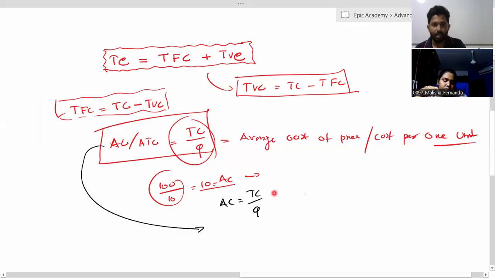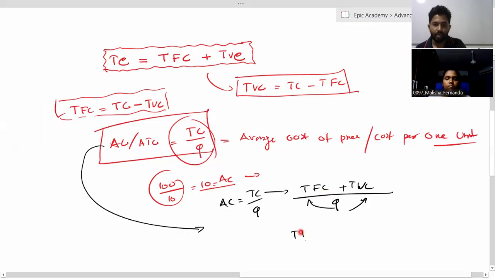So TC can be represented by TFC plus TVC, isn't it? Now if you divide all those terms by Q, that means TFC divided by Q and TVC divided by Q. TFC divided by Q is the AFC, the average fixed cost, the fixed cost per one unit.